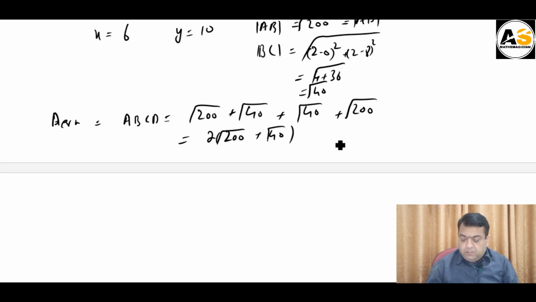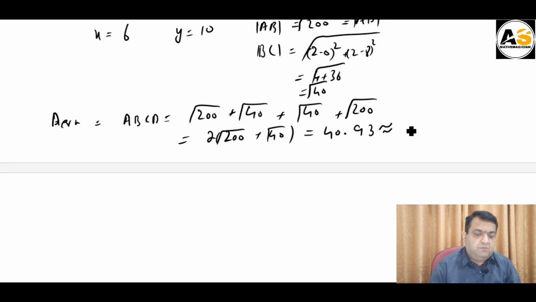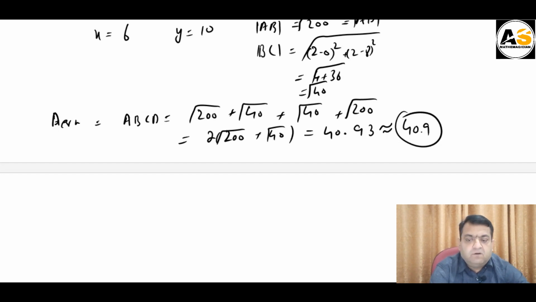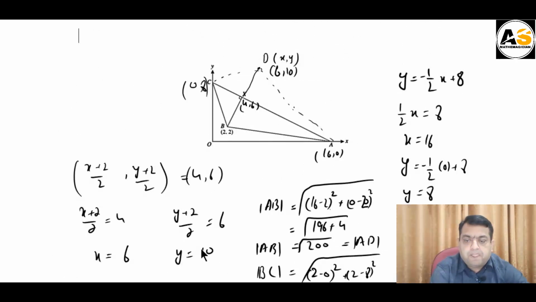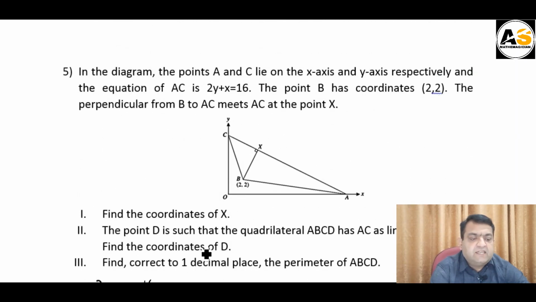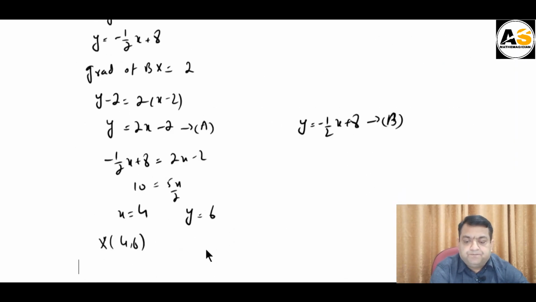And when you solve it by calculator, this will be approximately 14.93, and to 1 decimal place, it will be 14.9 units. This was question number 5. Let us move to our next question.